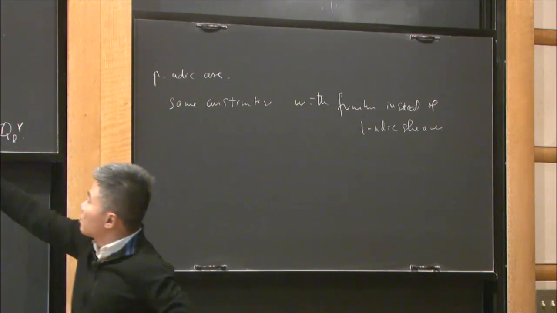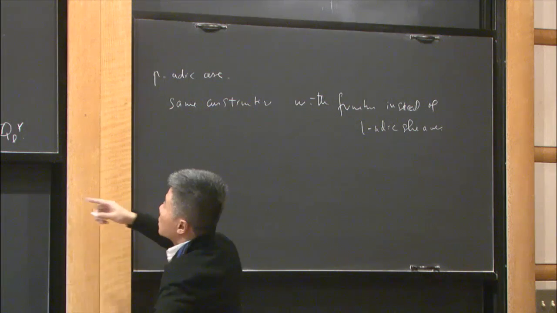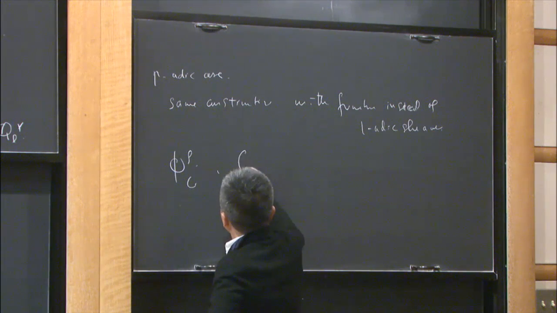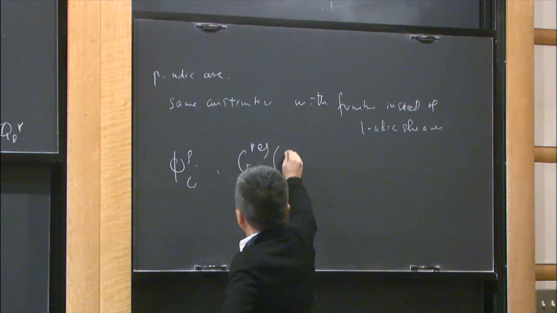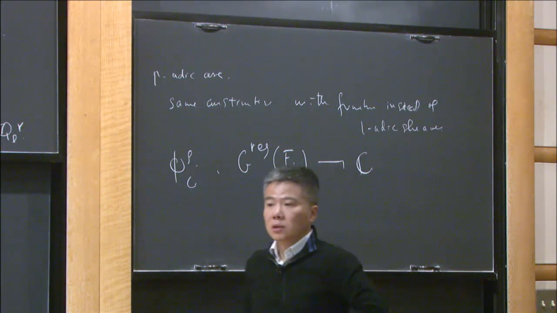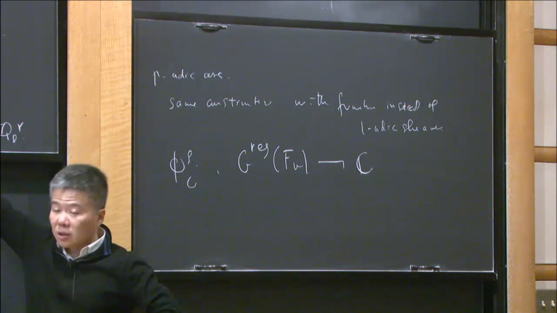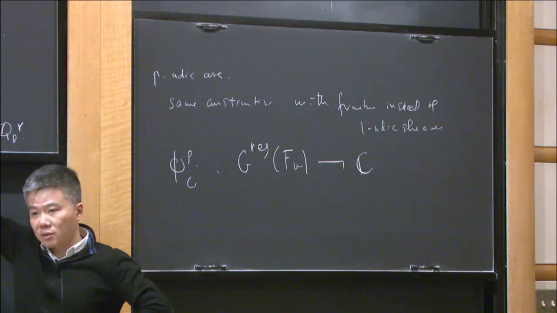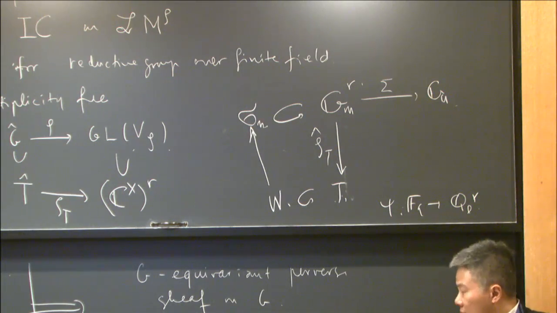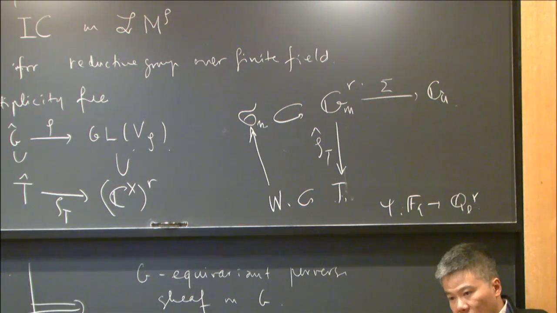So by this process, we do get a function phi_rho from G regular semi-simple to C. Just if it's split, you look at the integral in the split case, with non-split, you look at the other integrals. It looks a bit weird, but that's what happened in the finite case.